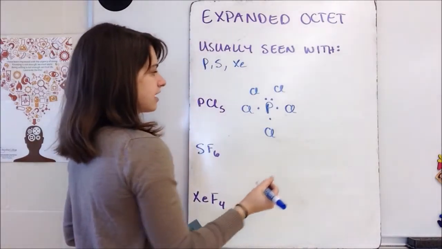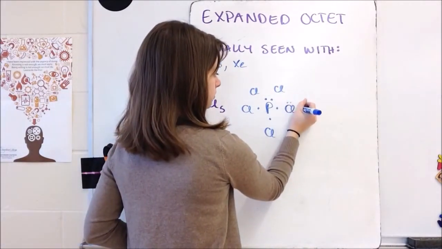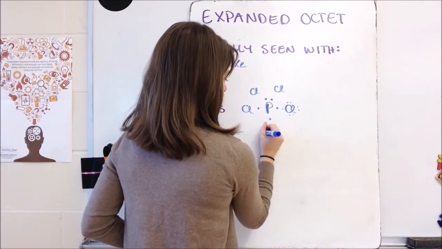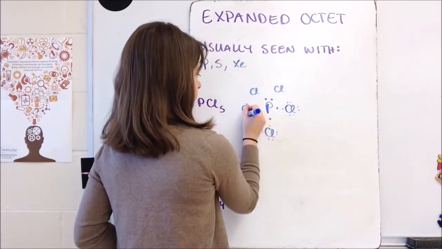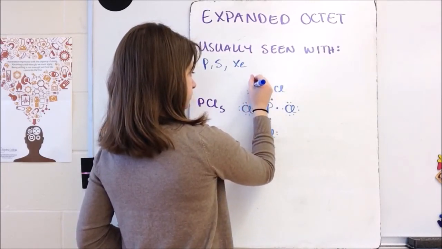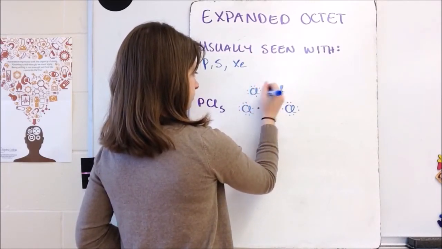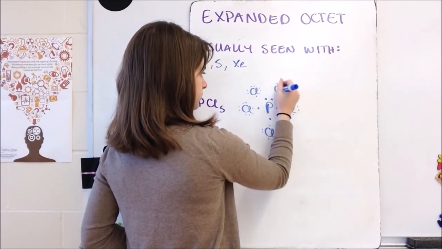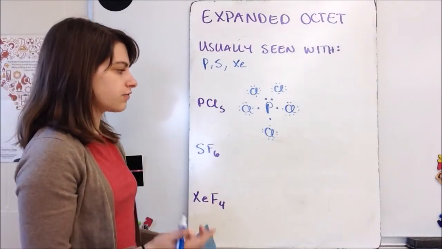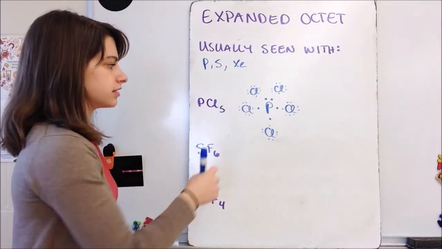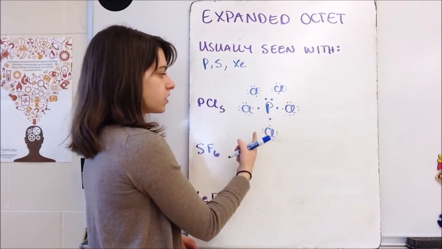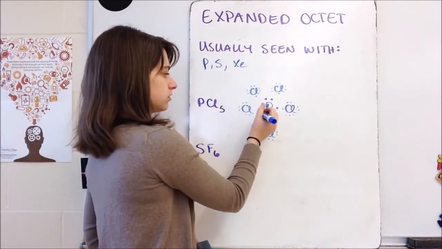And each chlorine has 7 valence electrons. So in this case, in order to form the 5 bonds that are necessary, each of the valence electrons for phosphorus are going to have to bond with the lone electron on chlorine.